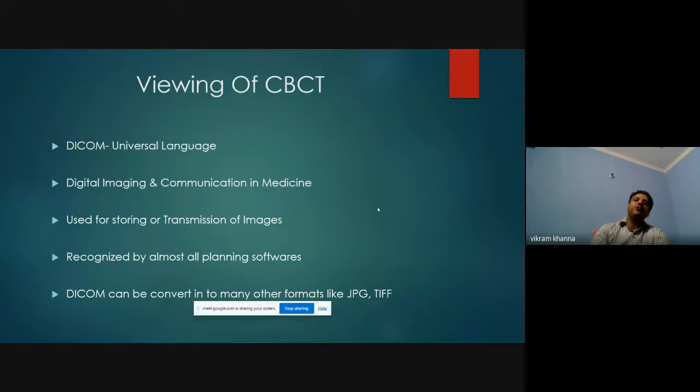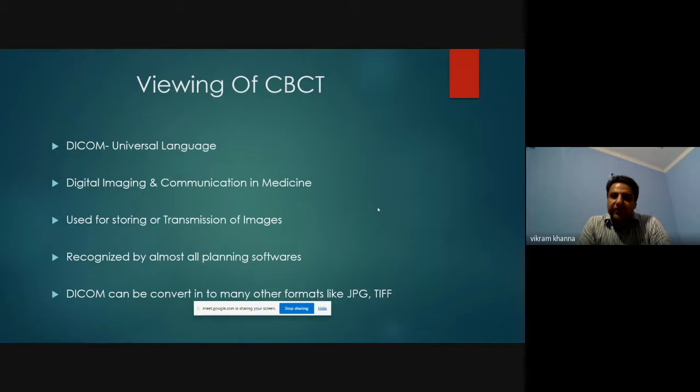Now, how will you view a CBCT? DICOM, which is called digital imaging and communication in medicine. This is like a language which CBCT speaks, you can remember it like that. Like JPG, TIFF, this is again a language of CBCT.